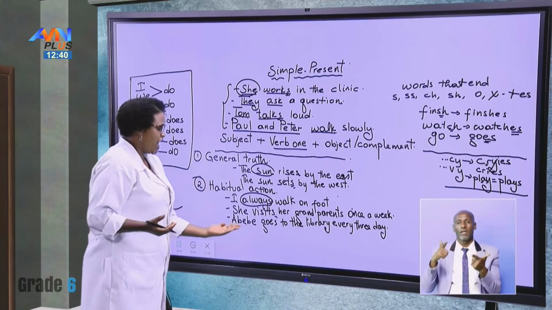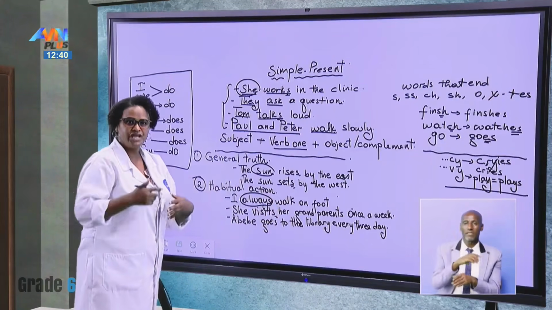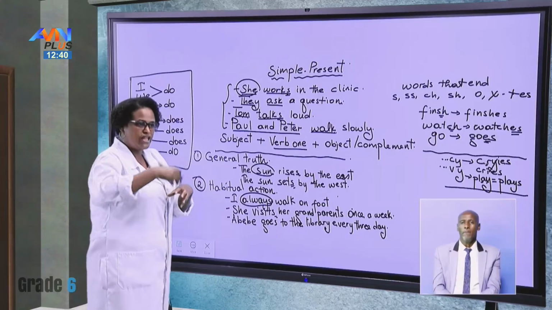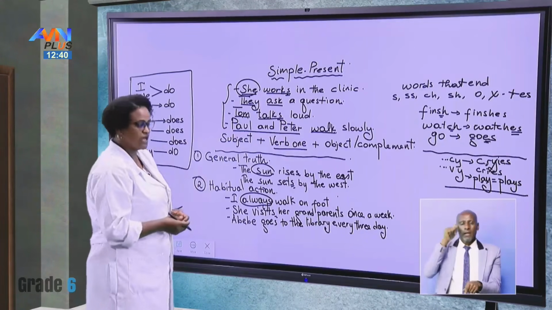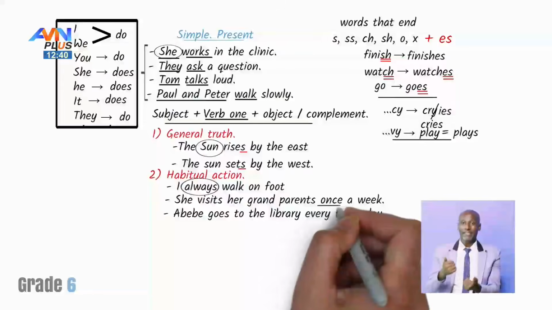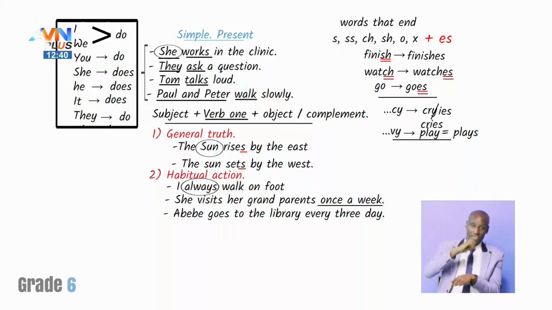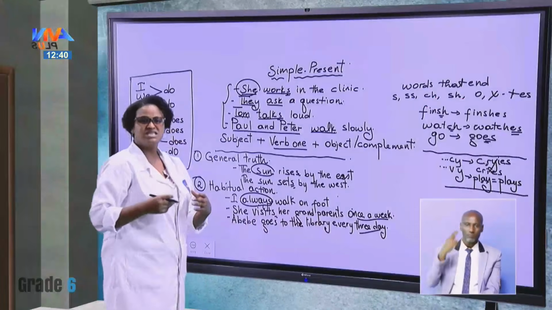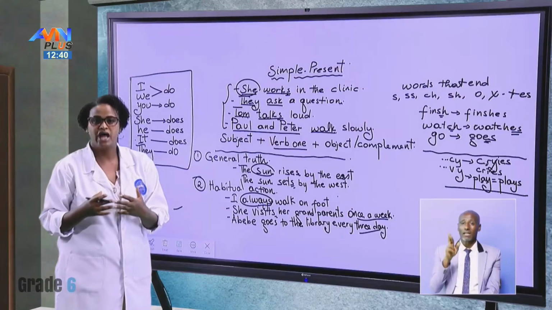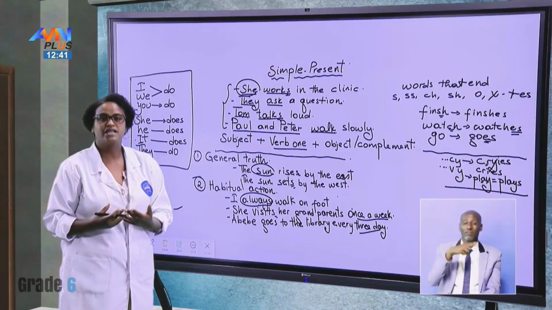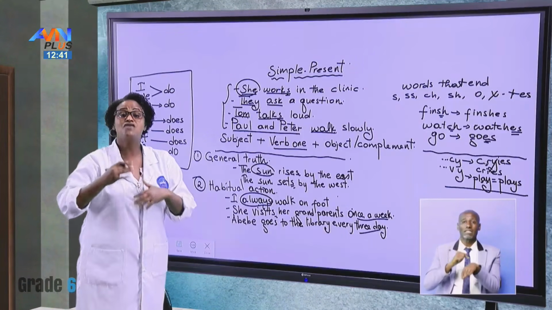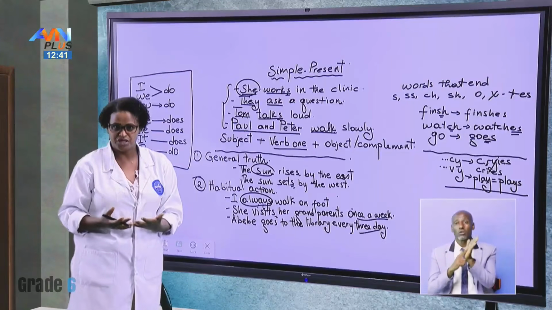You see? He goes now, and then after 3 days, he goes to the library again. So, these words, every 3 days, once a week, always, these are adverbs of time that can show us how often an action is repeated.